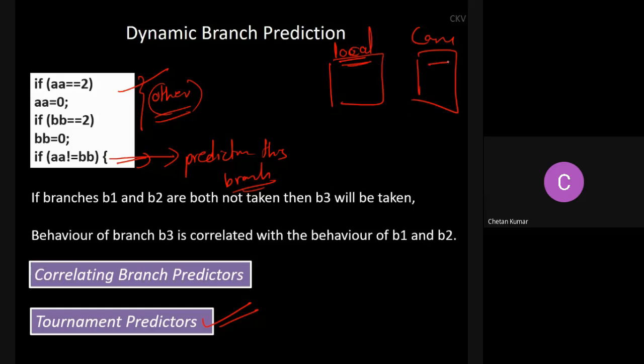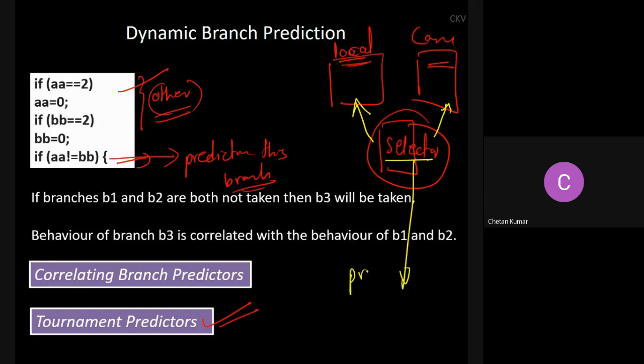Now we'll use both of them, and we use something called a selector. Now what will this selector do? It will select either this predictor or this predictor for prediction, based on which is behaving better. It's like another level of prediction. So this selector is nothing but another predictor.